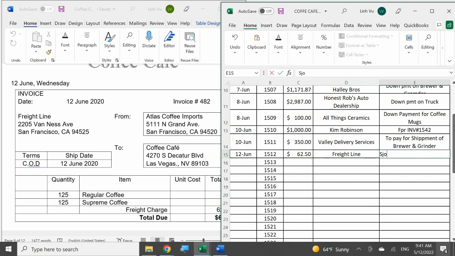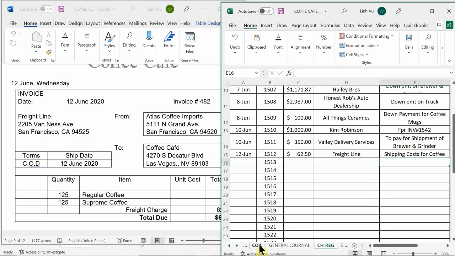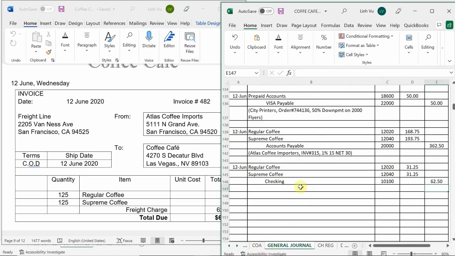Shipping. There you go, right? Shipping cost for coffee. So we have our check number 1512. We have the exact person.